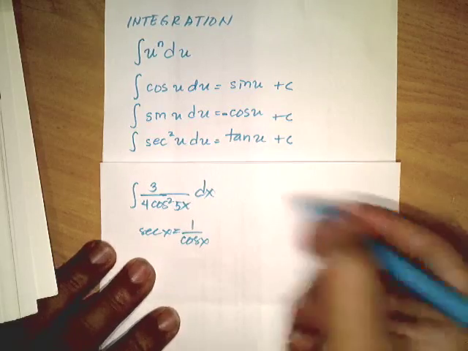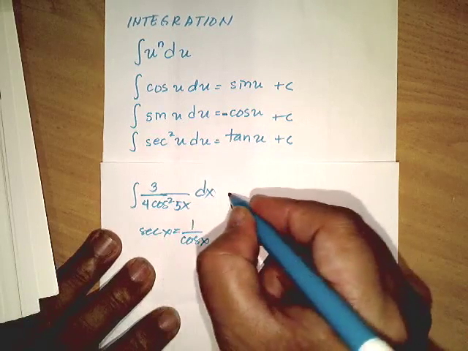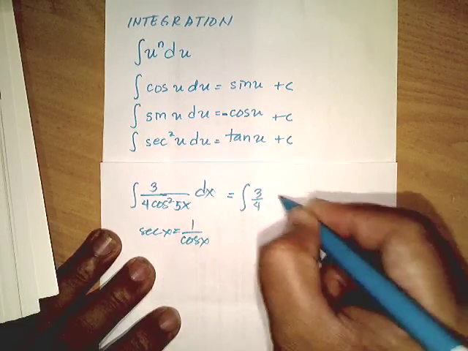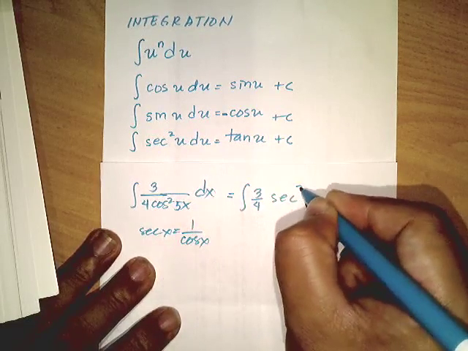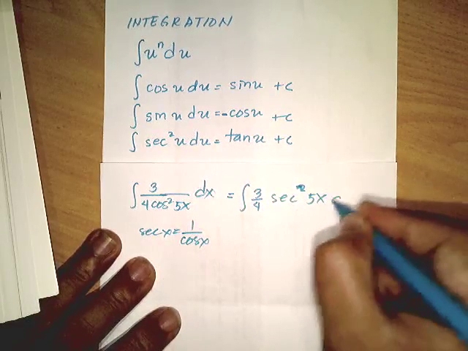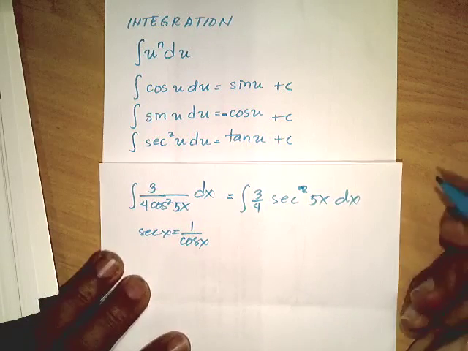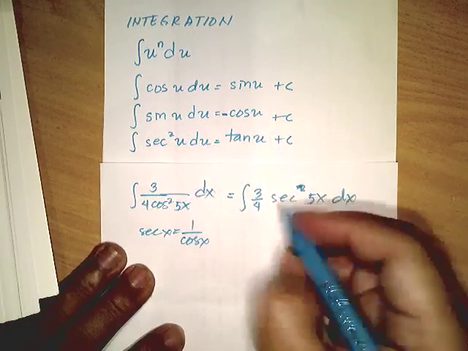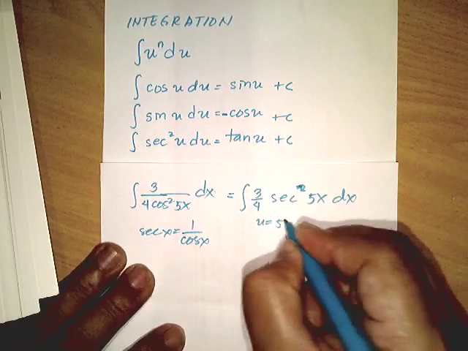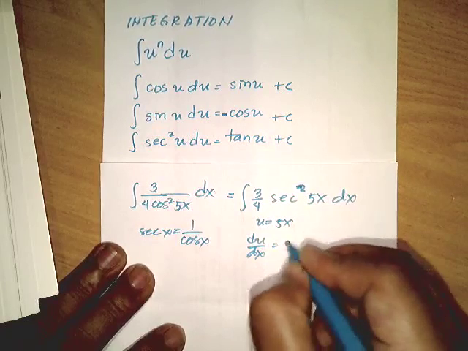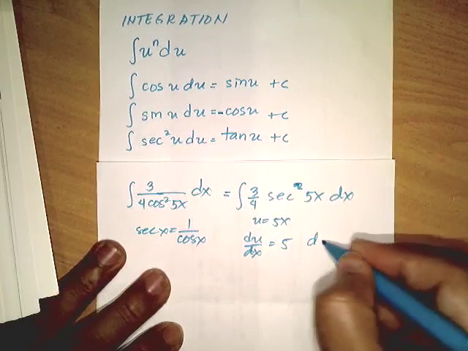So this one is actually the same as 3/4 secant squared 5x dx.